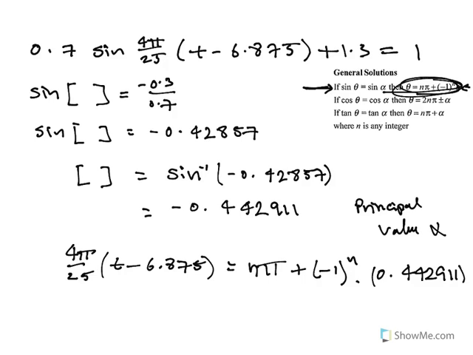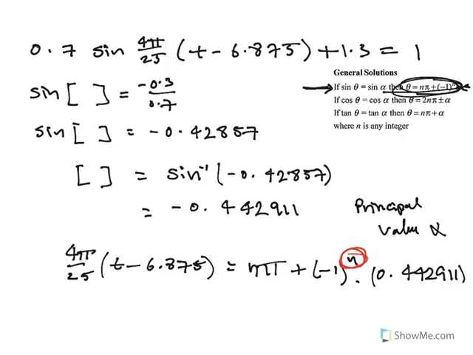What this means is, when n is odd, I'm going to get negative 1 to an odd power, so I'm subtracting 0.442911. When n is even, it's a positive number, so I'm adding it. And n pi will be rolling along as well. So let's have a go at that.